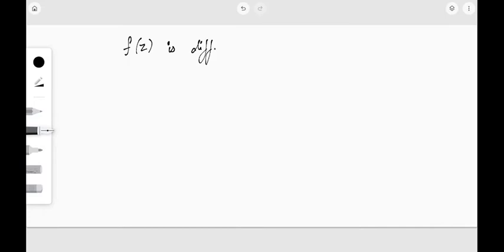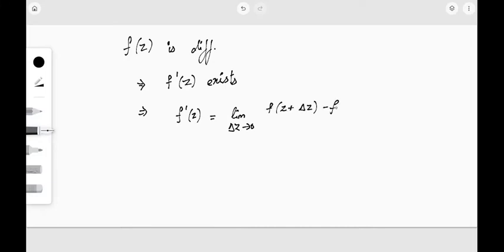So if it's differentiable, then f'(z) will exist, right? Its derivative exists. And what is the definition of f'(z) in terms of limit? We have done this. It is the limit as delta z tends to 0 of [f(z + delta z) − f(z)] divided by delta z.